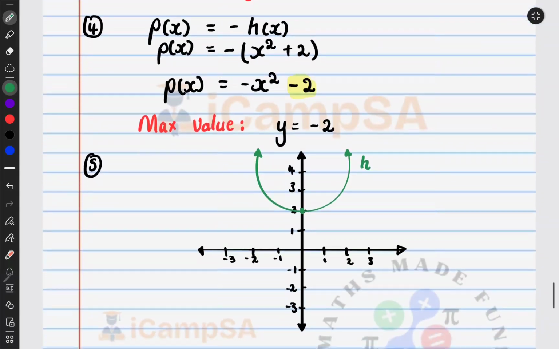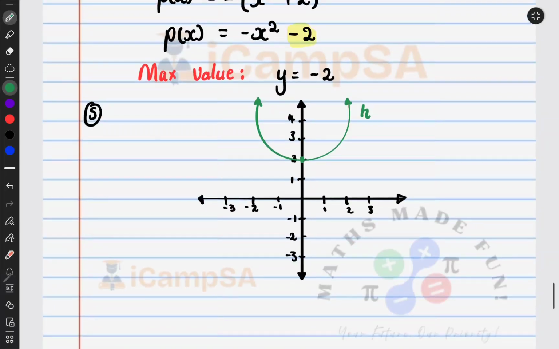Okay, and then the one for p, the graph of p, the coefficient of x squared is negative. That is your a. Therefore this graph is facing down, and the turning point is at -2. That's the maximum value. So here we'll have a turning point. Therefore this graph will look, why do I go so wide?